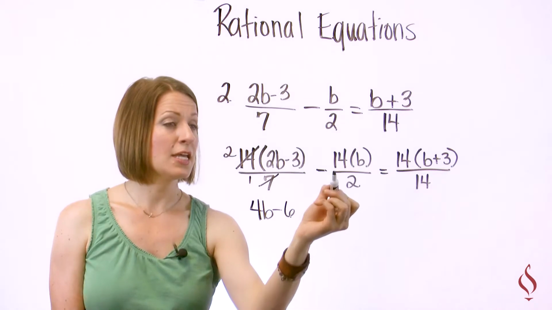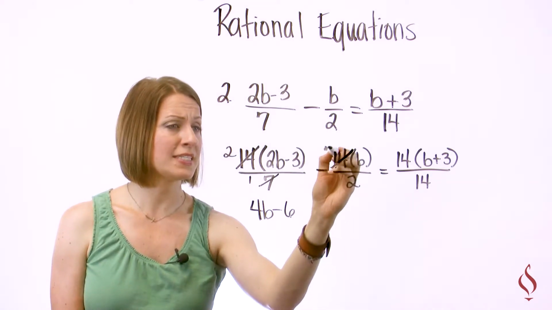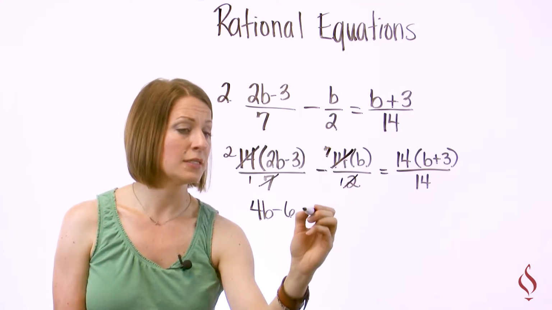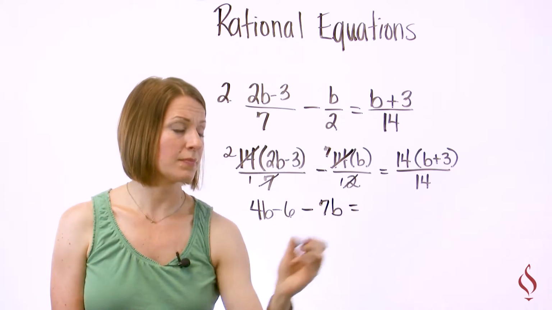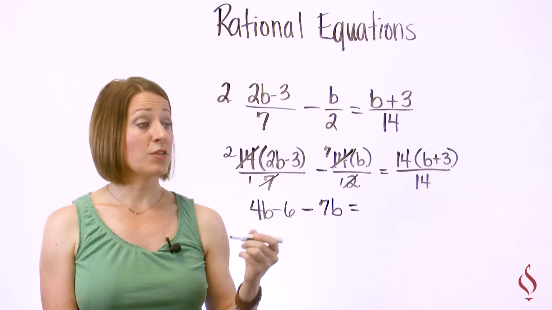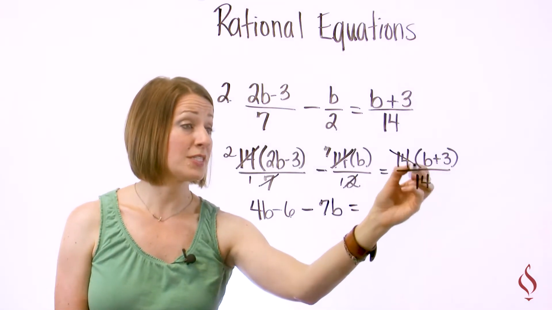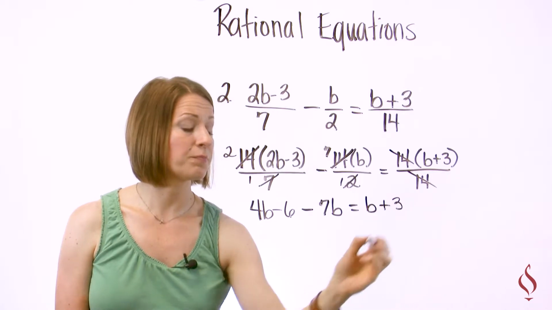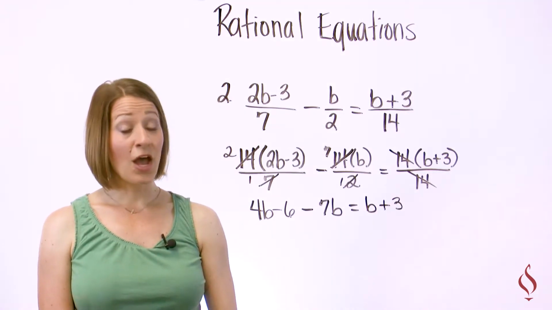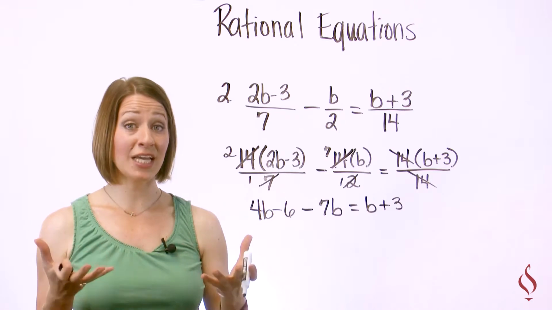Okay, next, the 14 and the 2 simplify to 7 and 1, leaving us with 7b. And then the 14 and 14 both simplify out, just leaving b plus 3. Okay? Okay, now the equation looks a lot easier.